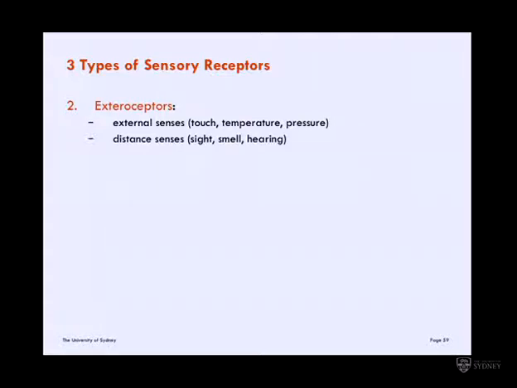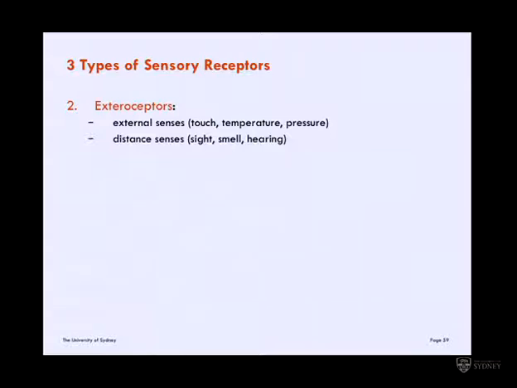Exteroceptors. Now note that exteroceptors do not have to be at the surface of your body. Okay? So if you shine a bright light, or if you're looking right now, you can see what's up there. Where are the receptors that are picking up that signal? They're in the retina. They're at the back of the eyeball, right? But the signal that they pick up is external.